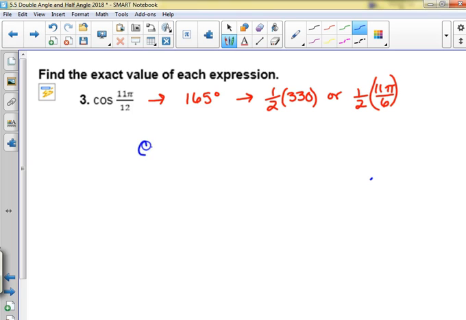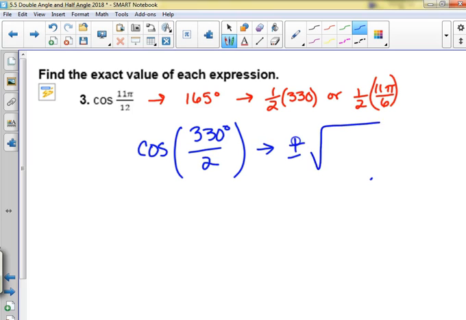It doesn't matter. So if we want to just think of this as 330 over 2, what's the formula look like for a cosine over 2? Plus or minus square root of 1 plus cosine of 330, over 2. Is it going to be plus or minus? Well, half of 330 is 165. 165 is in quadrant 2, and quadrant 2 has what kind of cosine values? Negative.